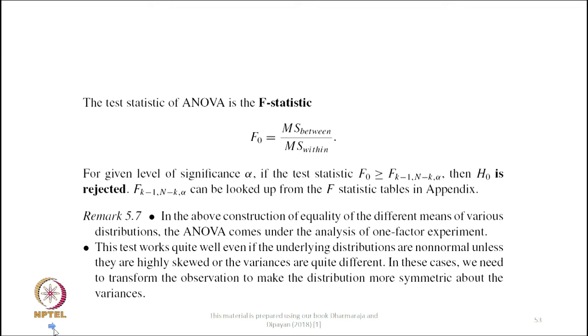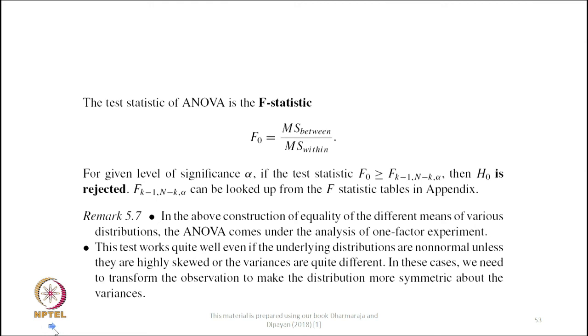Therefore, if f naught is greater than or equal to the point at which the right tail probability is alpha, you can conclude the null hypothesis will be rejected. So, this is what we explained, that is a one factor experiment.